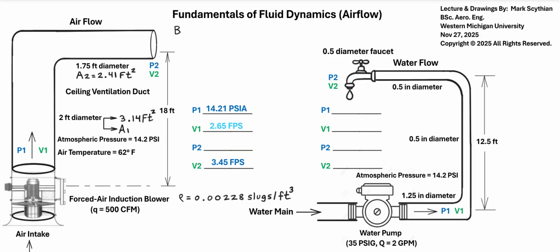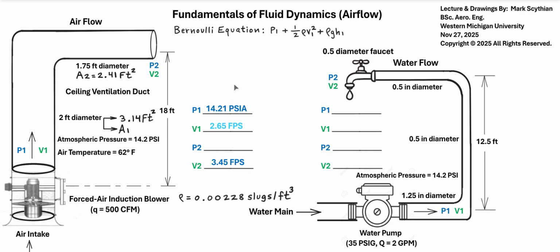So now we can move on and use the Bernoulli equation to solve for P2 with respect to the 18-foot altitude increase. There will be a pressure drop. And we have all the information to solve for P2 using the Bernoulli equation.